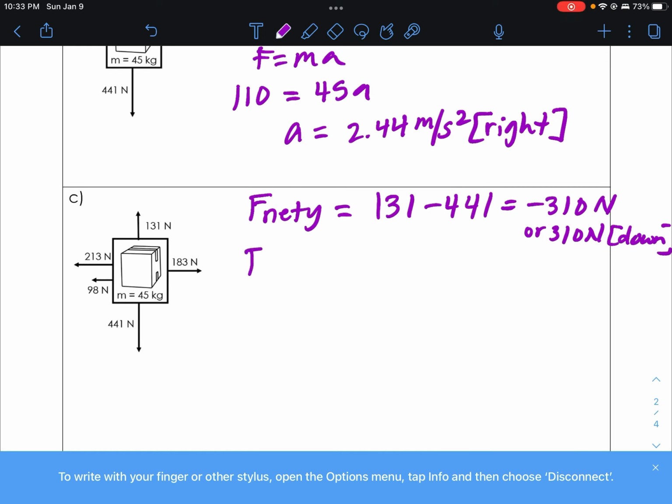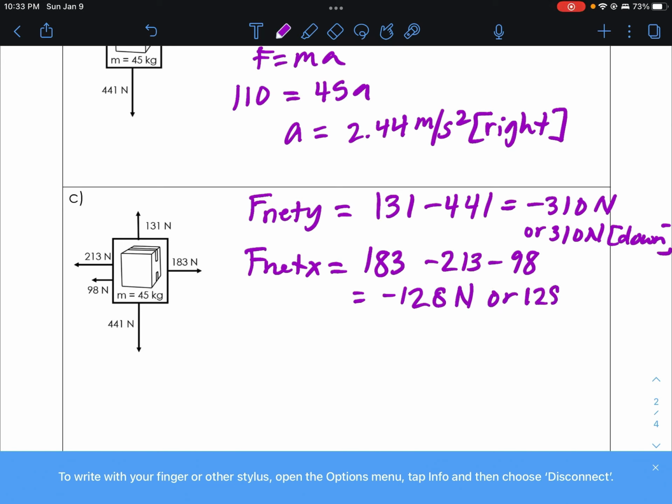F net x equals 183 minus 213 minus 98, equals negative 128 newtons, or 128 newtons left.